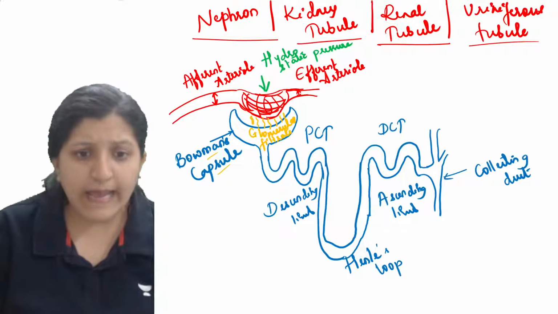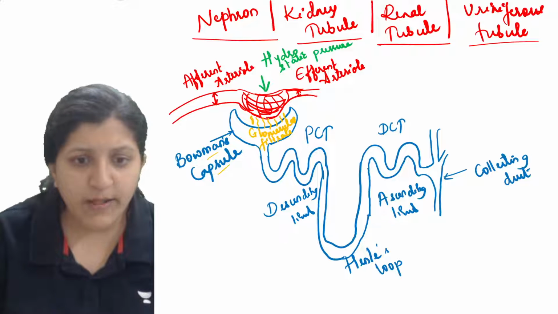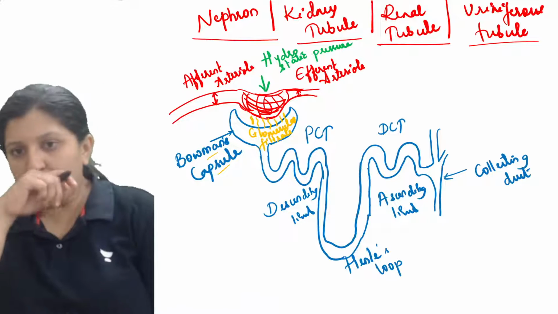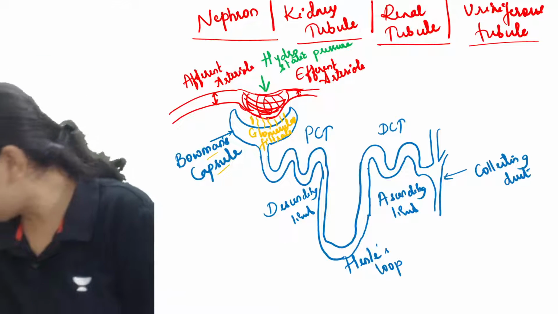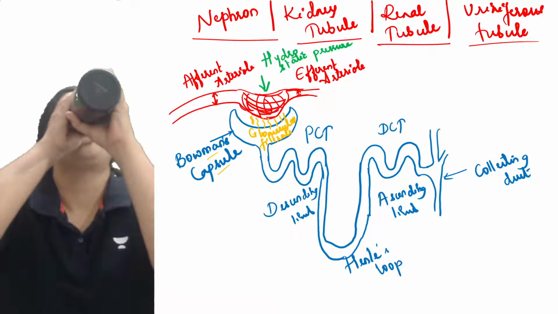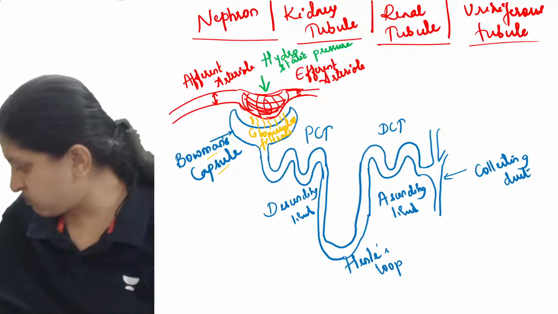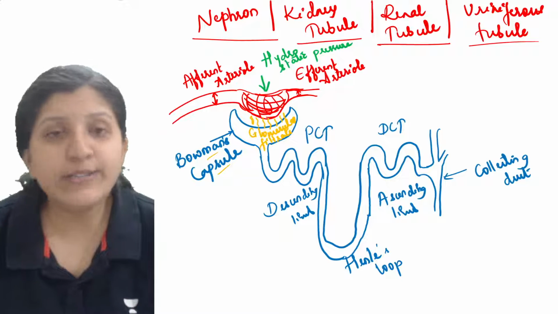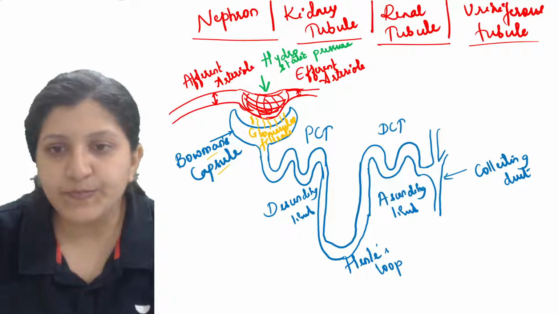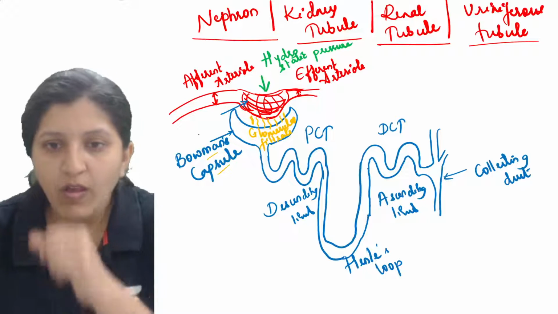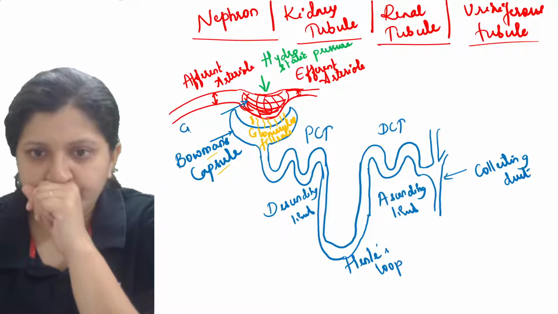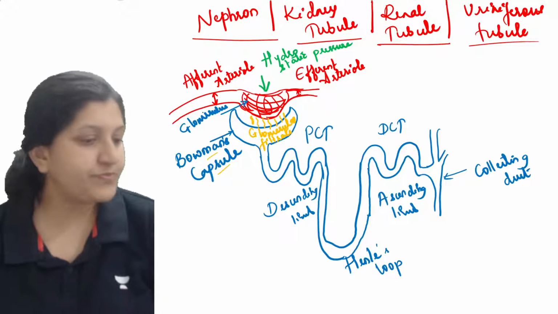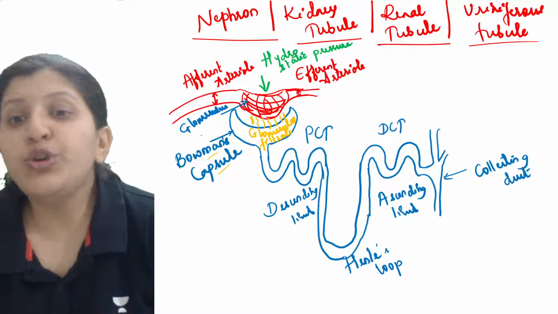So now let's have a look at one more labeling, which I did not do. This one you see here is the capillary, and this capillary is called the glomerulus.